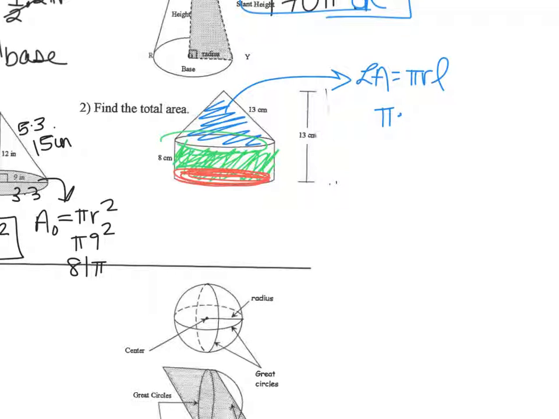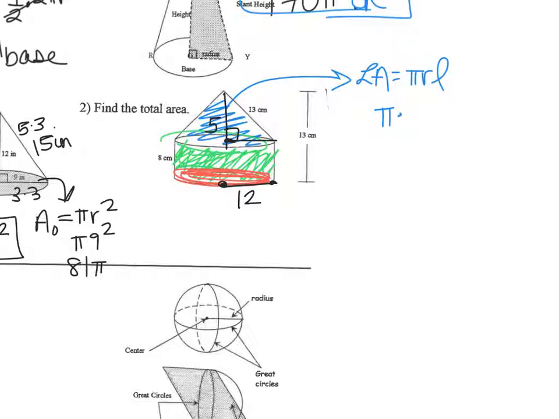And if I take that 13 and I take away this 8, 13 take away 8 would leave me with a height of 5 here. And then if I went from the center out, this would be a special, and from here to here it would be 12. So now we have enough information.